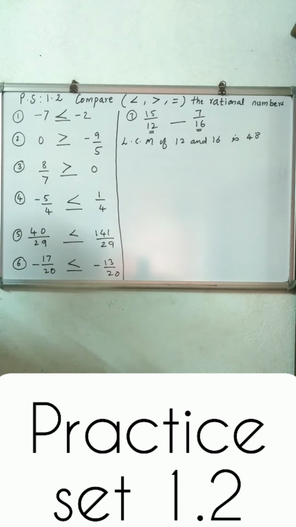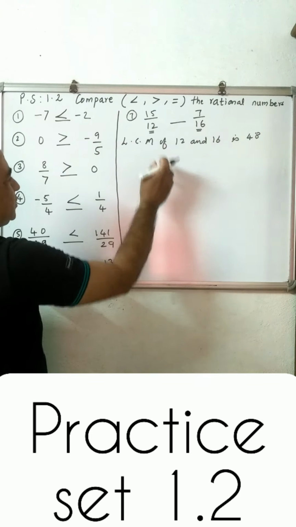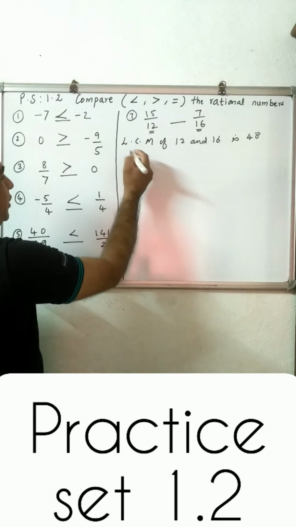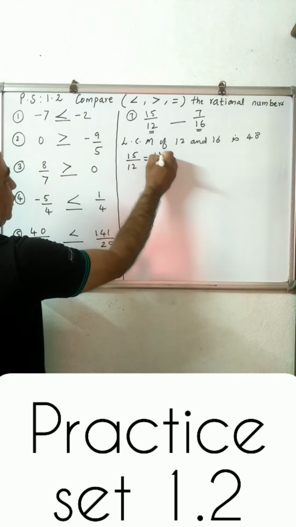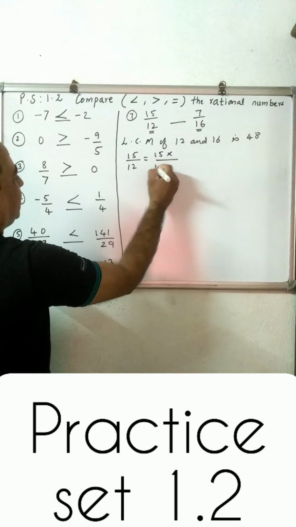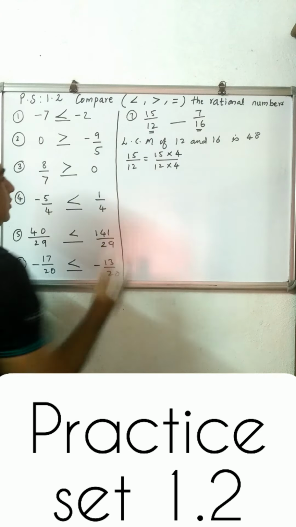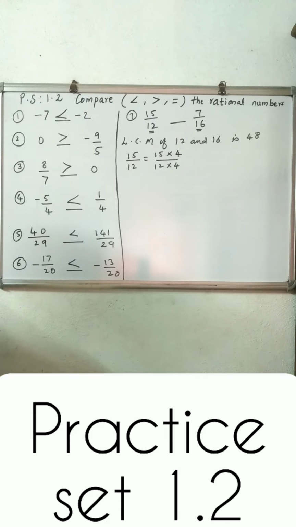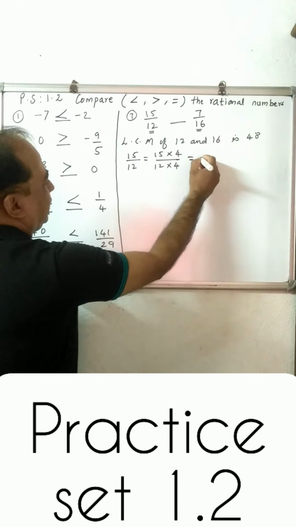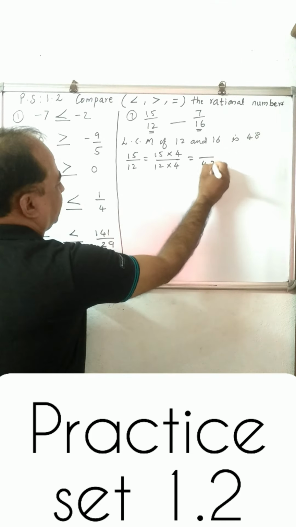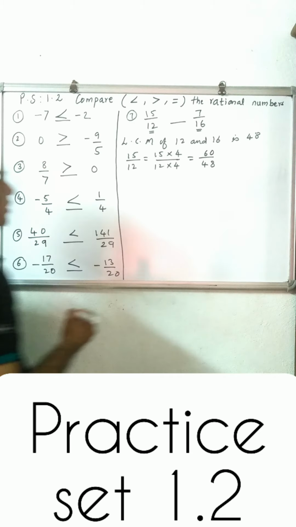So 15 upon 12 will become, we give the common multiple, 12 fours are 48. Here numerator and denominator both we have to multiply by the same number 4. So 12 fours are 48 and 15 fours are 60.